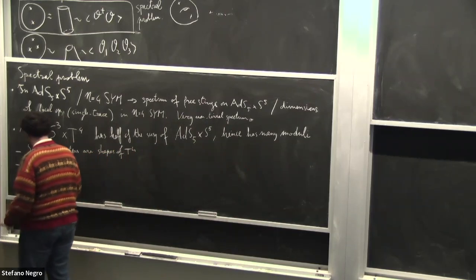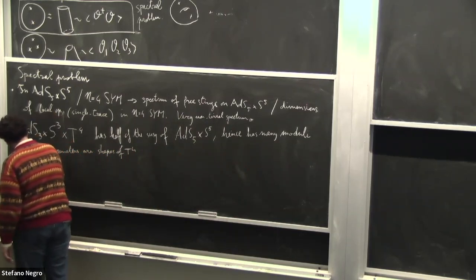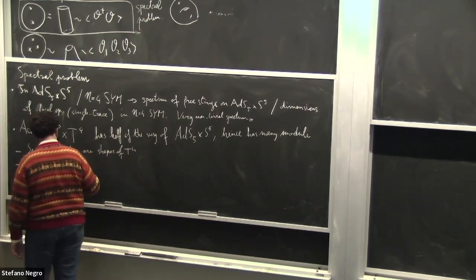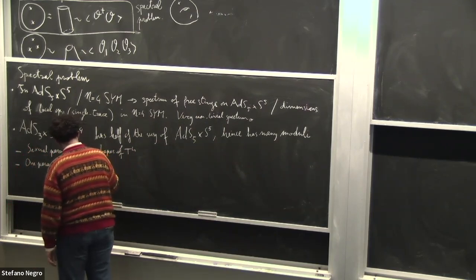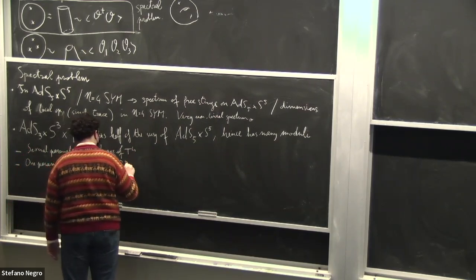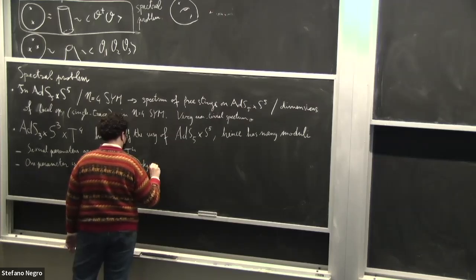And then, I'm slightly oversimplifying, but one parameter is the strength of the Ramond-Ramond background fluxes.